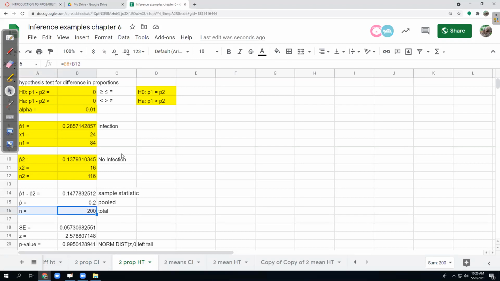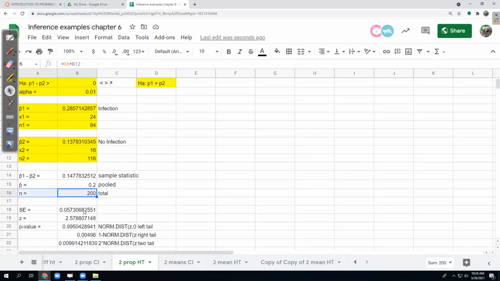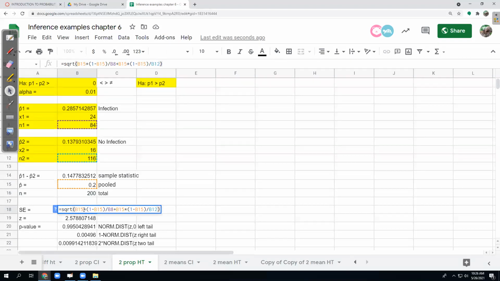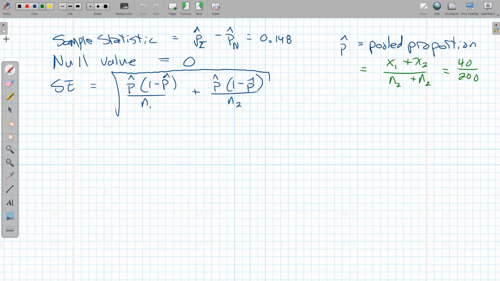All right, next, the standard error. So then I just typed in that crazy formula right there using parentheses as necessary. But the way it works, look back at the notes. In the numerators, we have this pooled proportion times 1 minus the pooled proportion.